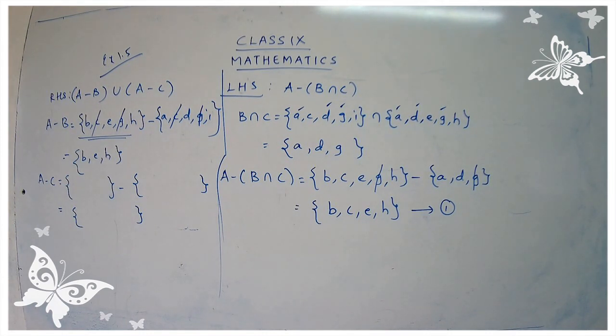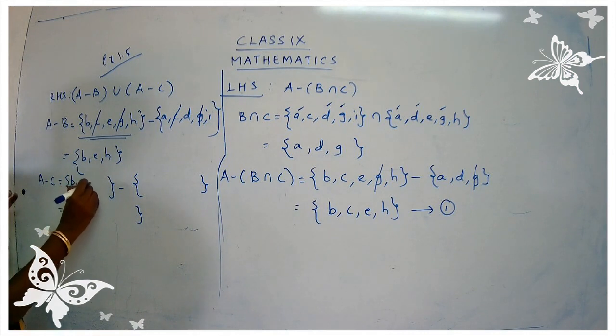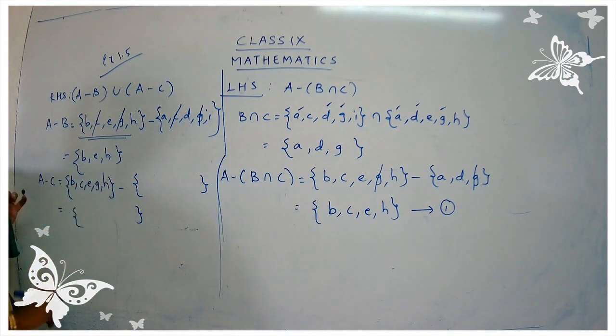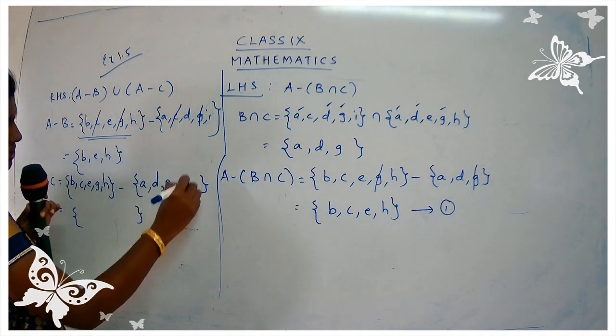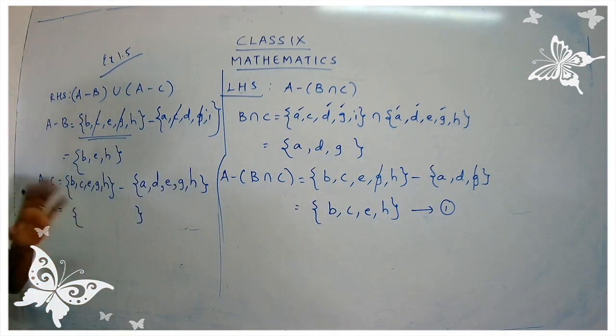Okay. Shall we check the answer, children? Okay, what is A? A is B, C, E, G, H. What is C? A, D, E, G, H. I'm not doing any other thing.